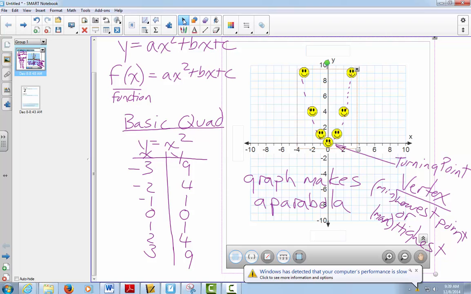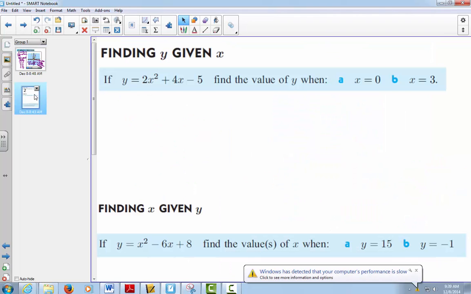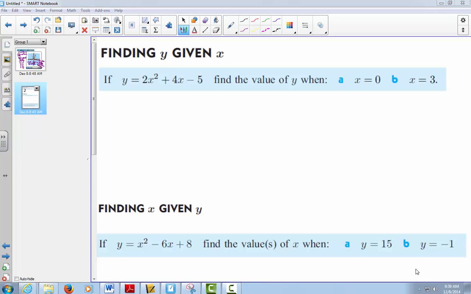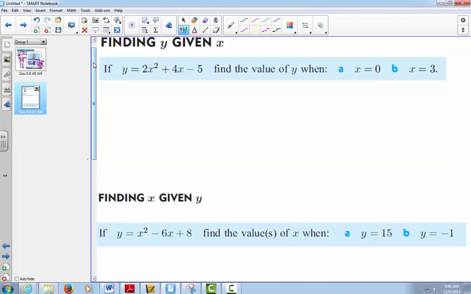Now, the first thing that we need to be able to do is very basic, solving for y and solving for x by substituting. I'm going to do a couple of these examples. This particular example, we have x equals 0. So, if x equals 0, sub x equals 0 in and solve for y.